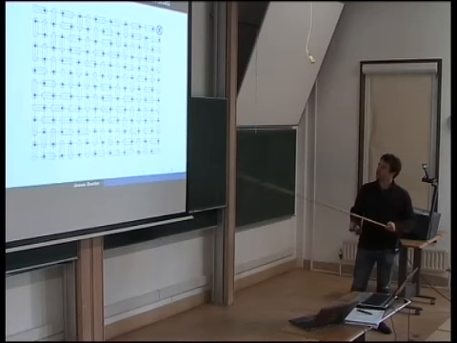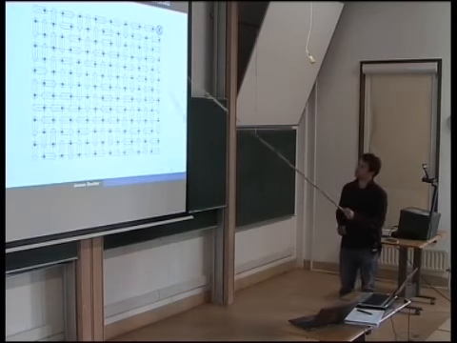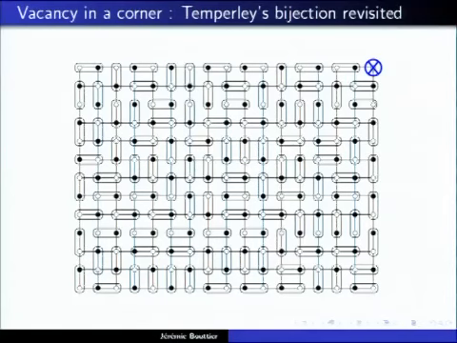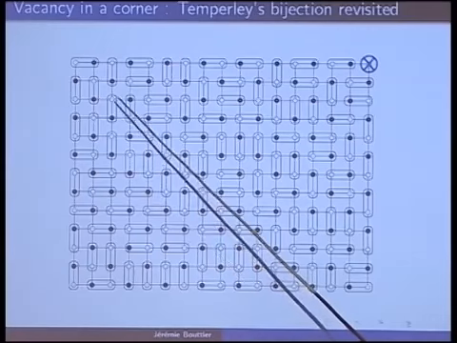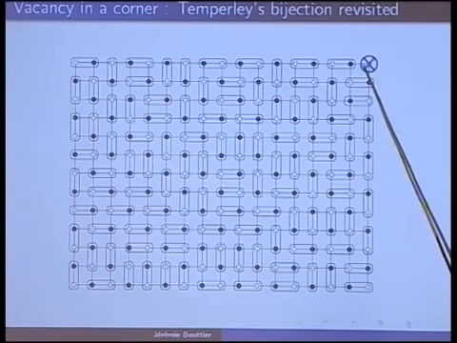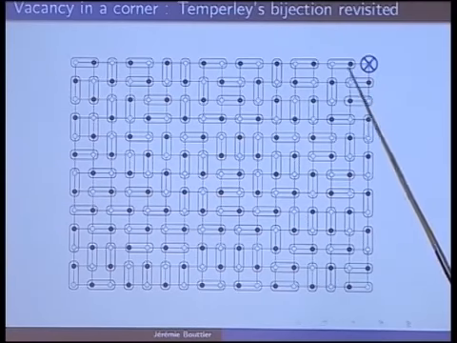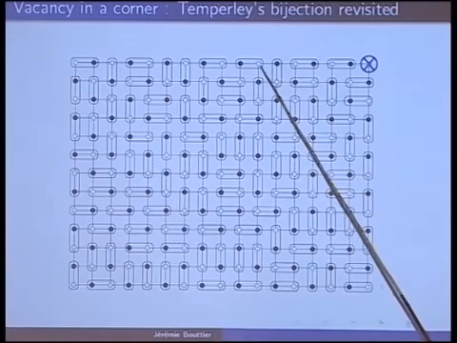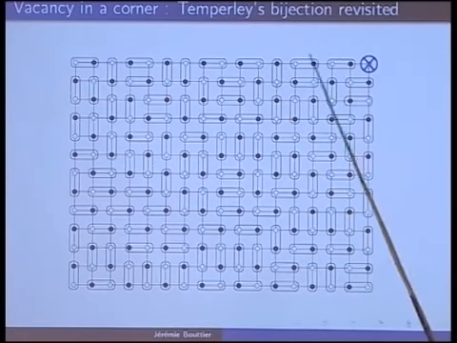So here is how the bijection works. You start with a dimer configuration on a grid with a vacancy. The vacancy is here in the corner, and you consider every site that is in the same sublattice as the vacancy, which will become the root. So that would be every other white site, for instance all the white sites in the first line.